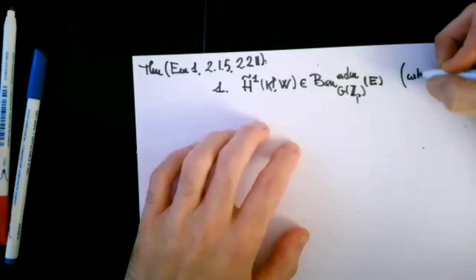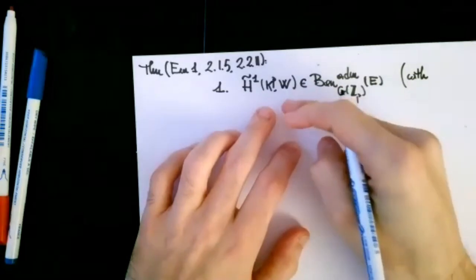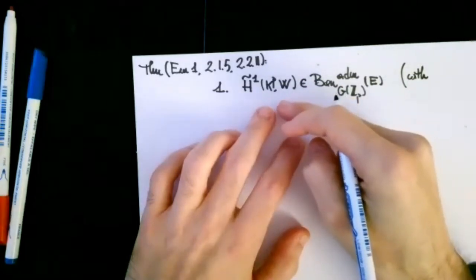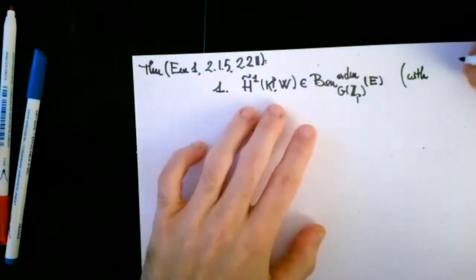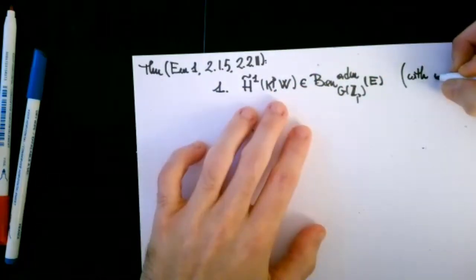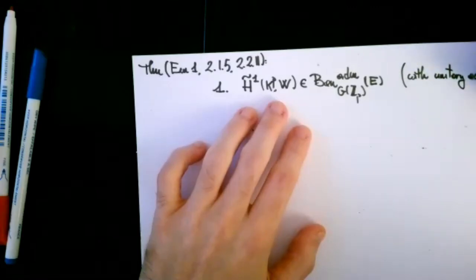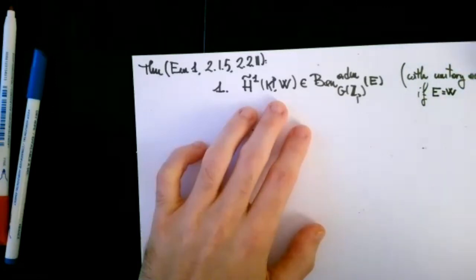So, meaning that there is an invariant lattice in here by the action. So with unitary action, if W is equal to E.